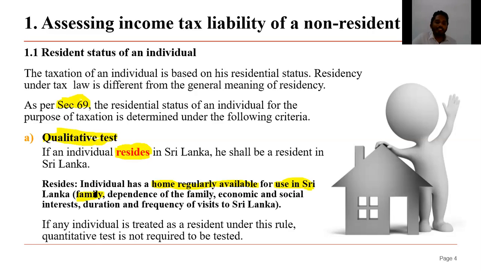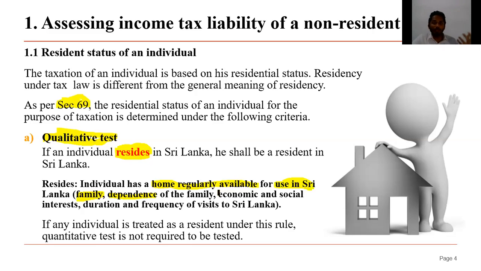His family is in Sri Lanka, dependents of the family, maybe parents, wife, children, and so on. And economic and social interest. What are the economic and social interests? He might have some club membership, a bank account, investment in Sri Lanka, and so on.